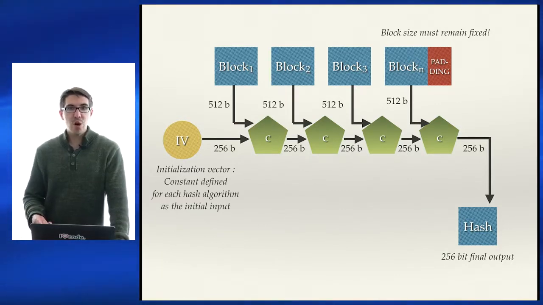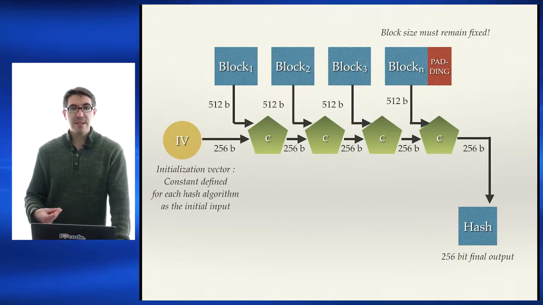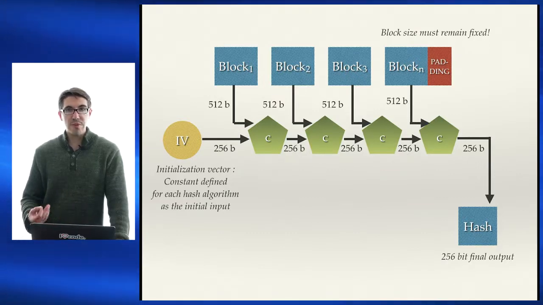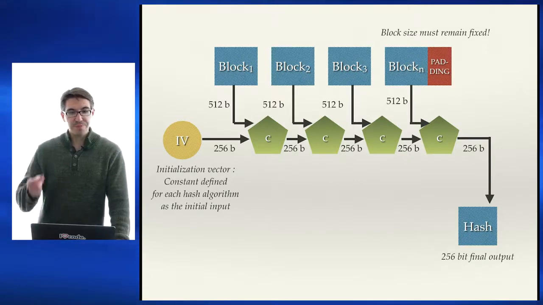We're going to have something called an initialization vector. So for the initial call to this compression function with block 1, since there is no preceding block, instead we're going to pass in this initialization vector. This is a constant defined for the hash algorithm. So whatever your hash algorithm is, it will have some specific initialization vector.